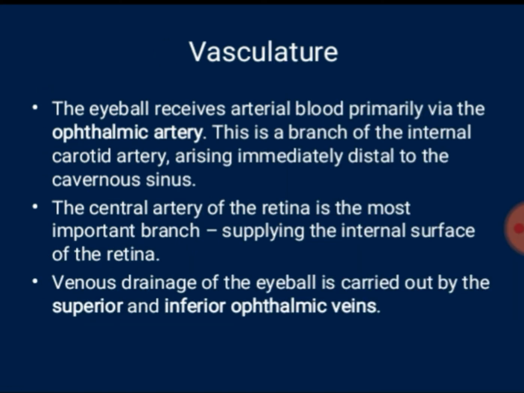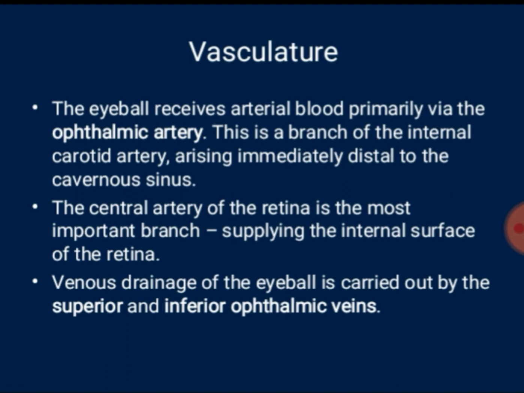Now, the vasculature. The main arteries which are responsible for providing blood to the eyeball are the ophthalmic artery, which is the primary artery providing nourishing blood into the eye, as well as the carotid artery.